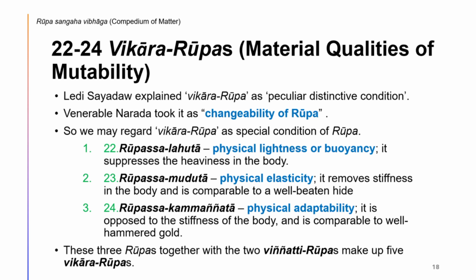Rupasa lahuta, physical lightness or buoyancy, suppresses the heaviness of the body. If you see YouTube, they have gymnastics or those kung fu films. Films are exaggerated, but those martial artists do possess this lightness of body. Our body tends to be heavy, but with practice they are able to train the body, especially martial artists.